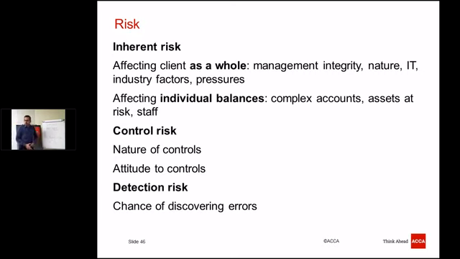Let's assume that on the statement of financial position, both of these companies carry inventory. And the value of inventory is in both cases $10 million. So the inventory of Ferrari in the statement of financial position of Ferrari is $10 million.